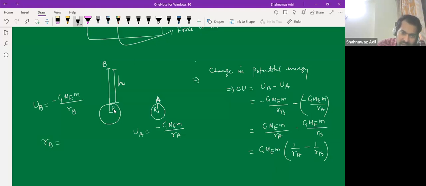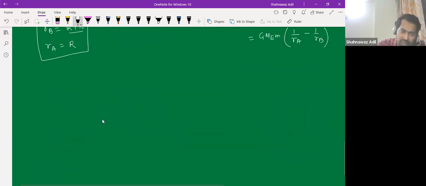This is R and this is H, so this is R plus H. So we are taking an object from R plus H to RA, which is R. We have the surface and this certain height.